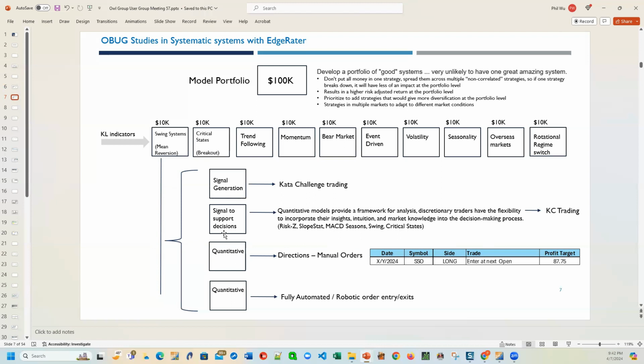We believe the back testing is best, so we don't add any discretion and just follow the back testing set of rules, the system strategy rules. And then there's some that say let's fully automate, so it's an automatic order entry and exit. I think right now we're more in the first two, and we're starting to do some of this third. We're trying to come up with a more quantitative system.